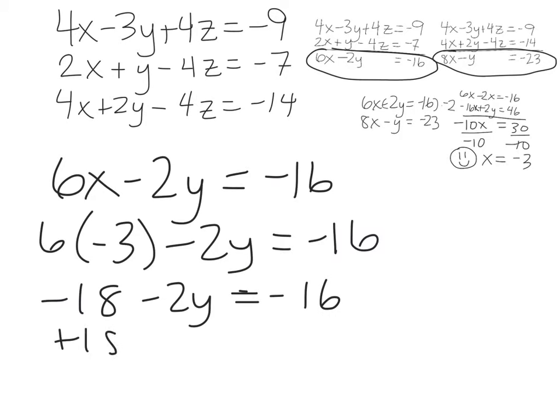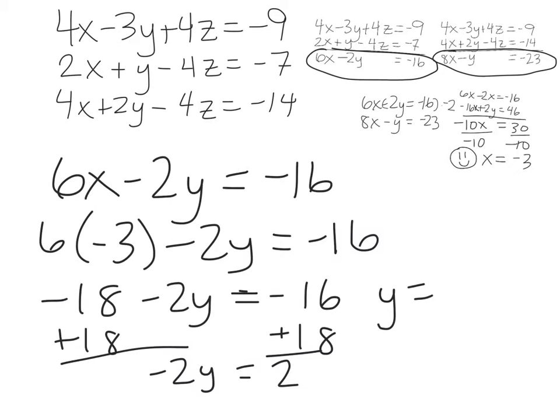I'm going to add 18 to both sides. And that's going to give me negative 2y equals 2. So that's going to give me y equals negative 1. So now we are super close. We've got our x equals negative 3, our y equals negative 1.